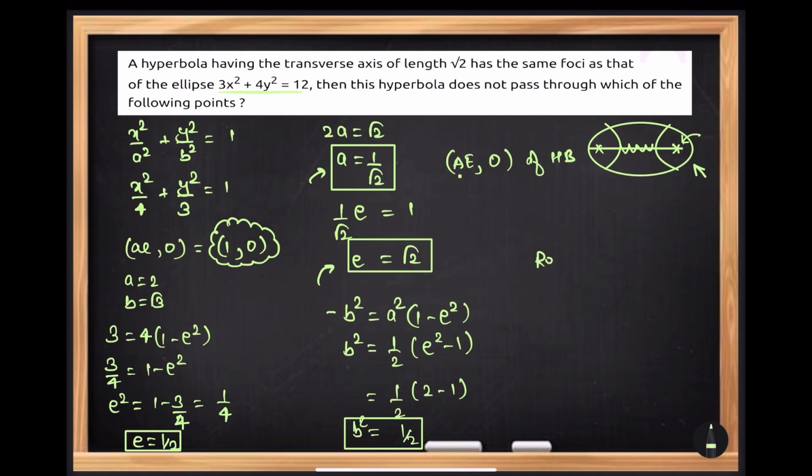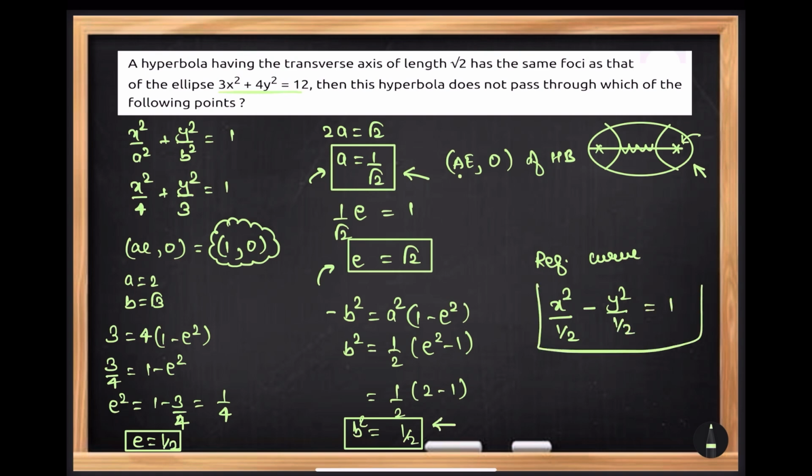Now the required curve: x square by a square, a square means 1 by 2, minus y square by b square, 1 by 2, equals 1. So this is the curve, this is the hyperbola they were talking about in the question.